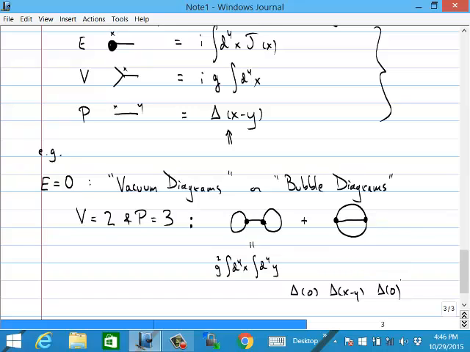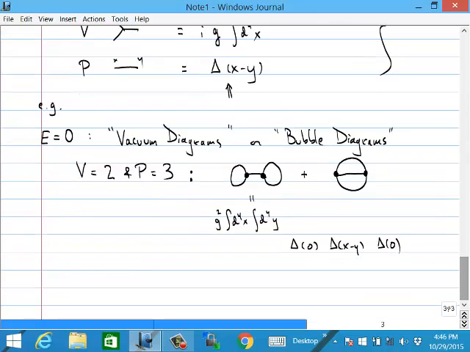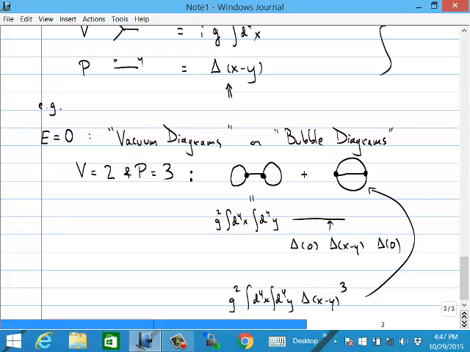I'll write it that way. Good. And what is this one? Well, that is an integral d4x, integral d4y, times delta of x minus y cubed. Sorry, now that I erased this thing, it looks sort of funny. So that's supposed to go there.